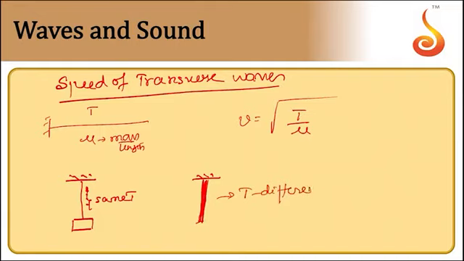So I have to find out the tension at a point and what the velocity of the wave is at that point. Tension being different at different points gives rise to velocity being different at different points. That should be kept in mind. One of the very important concepts to be kept in mind is regarding this.